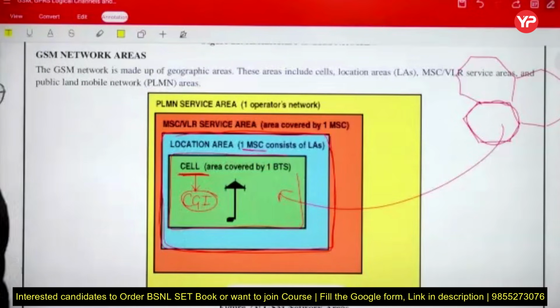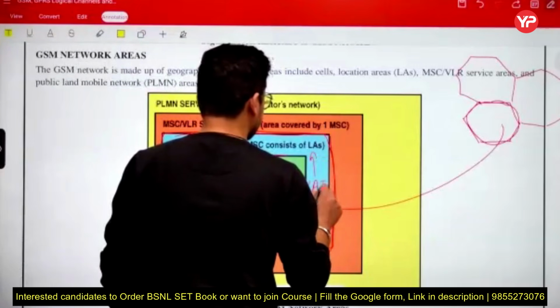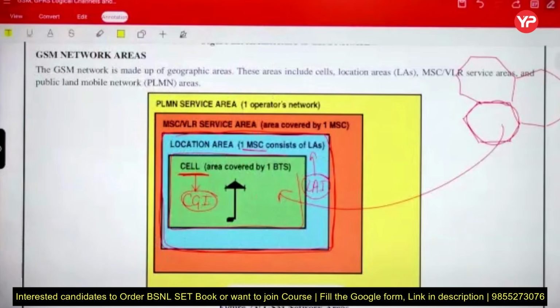LAI means what? Location area identity, right? And each LA is served by one or more BSCs.